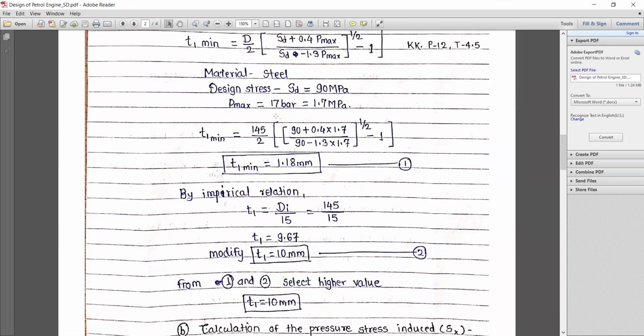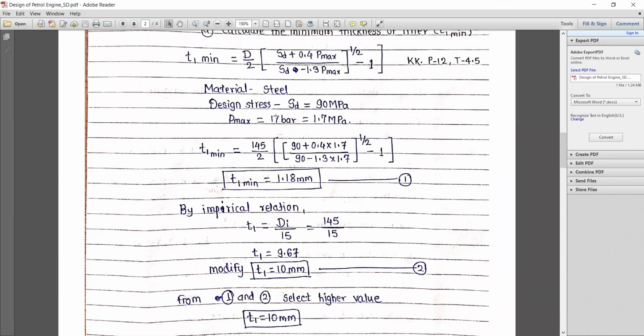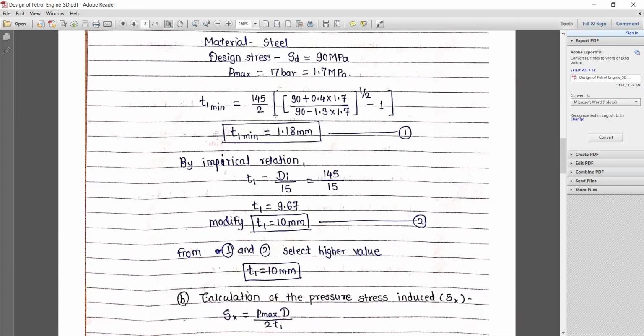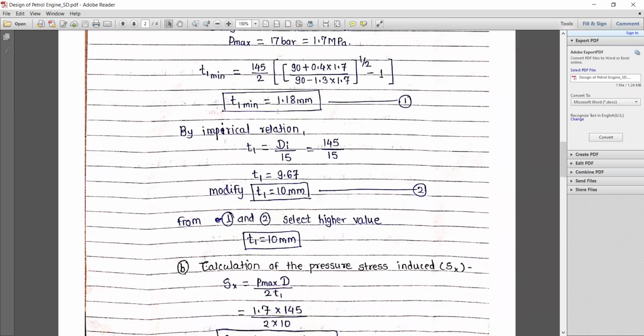Now putting all the values of D, sigma t, and P max into the equation, the minimum thickness required is 1.18 mm. So by the minimum thickness criterion, we get thickness equal to 1.18 mm. Now we need to calculate the thickness based on the empirical relation. t1 is equal to Di divided by 15, where the internal diameter Di is 145, so 145 divided by 15.